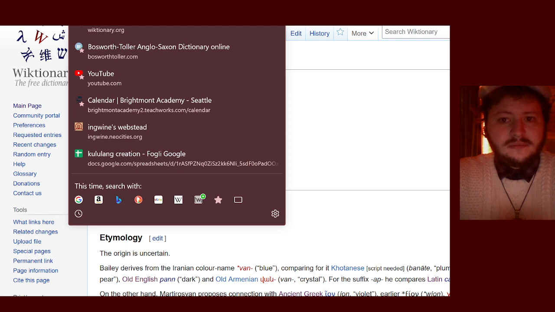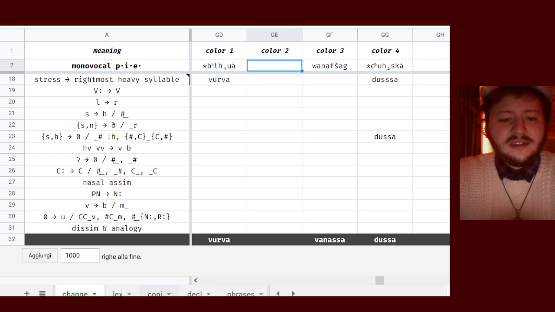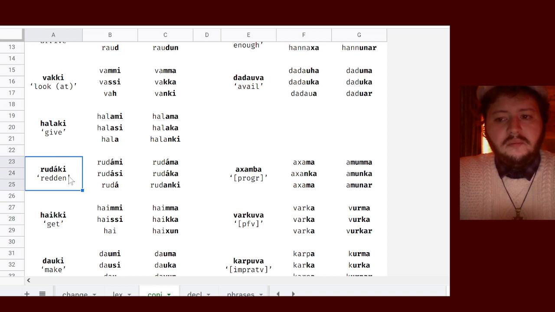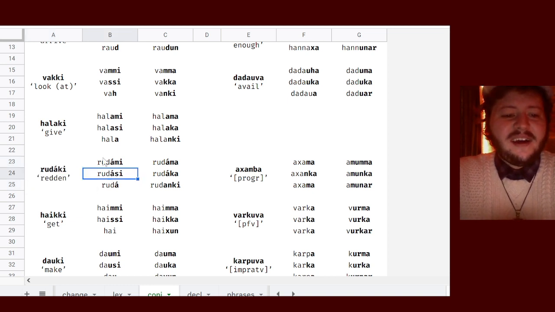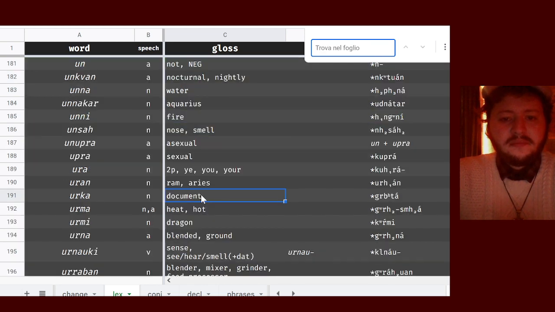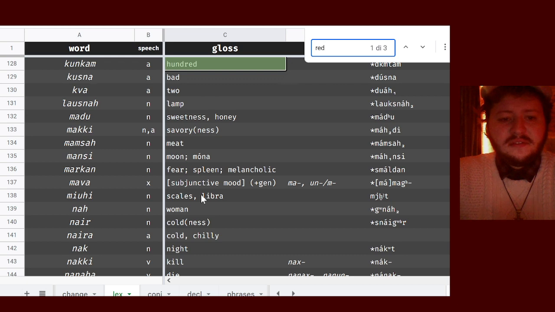Wait, don't I already have a word that means to make red? I think I already have the word for red. I think it's in my conjugation sheet. Yeah, I do. Rudaki is to redden something. I guess to color something in, technically. But yeah, I do have it. As a verb, do I have the noun? Red. Or the adjective.